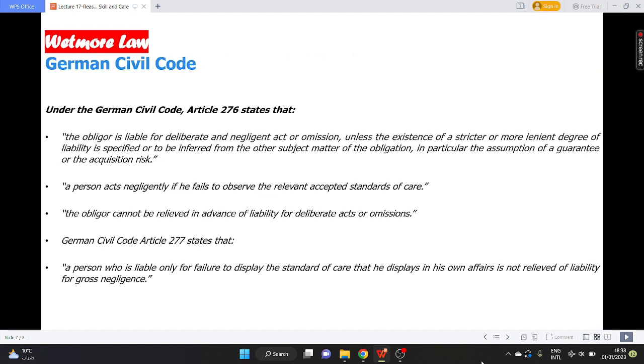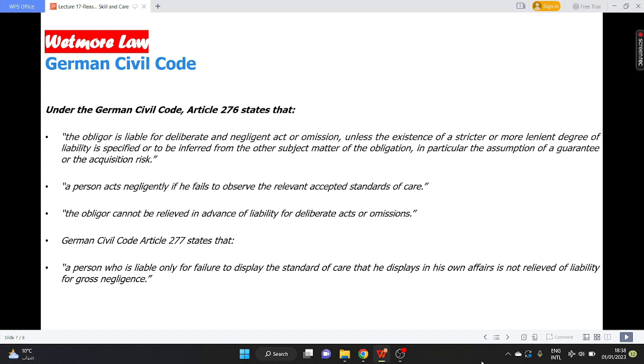German Civil Code. Under the German Civil Code, Article 276, the obligor is liable for deliberate and negligent acts or omissions, unless a stricter or more lenient degree of liability is specified or to be inferred from the other subject matter of the obligation, in particular the assumption of a guarantee or the acquisition risk.